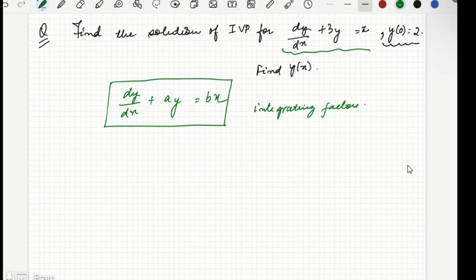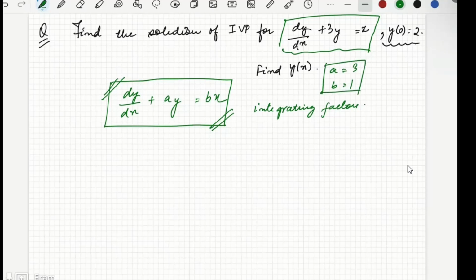I will start with a general first order ODE, and using its general solution we can find the solution of the given question. For the problem in the question, a equals 3 and b equals 1, so we can put these into the general solution.